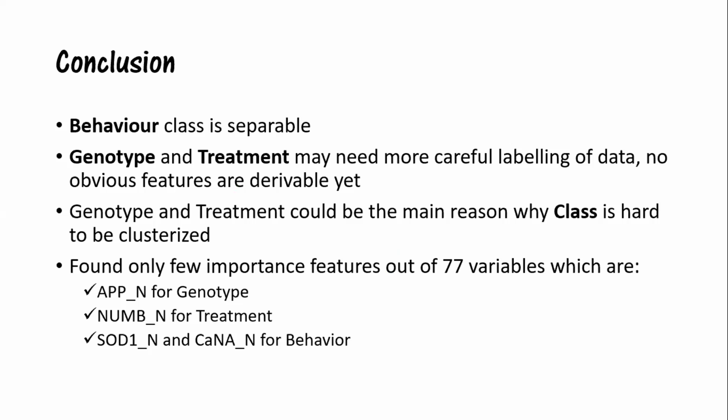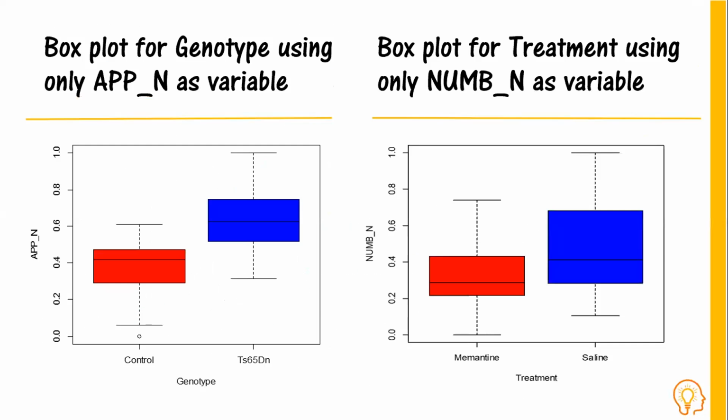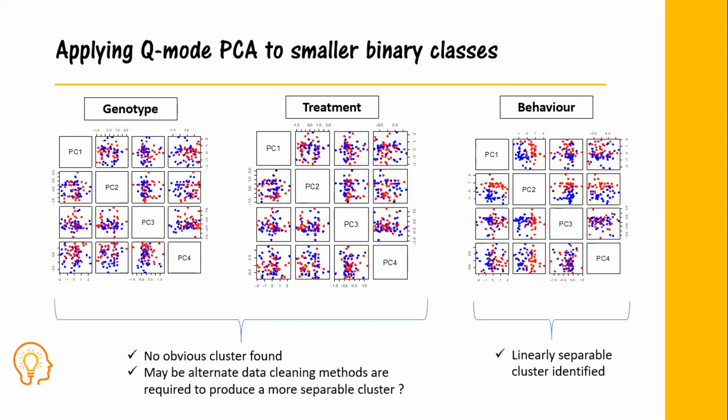But this one you did your QPCA, right? With all 77, isn't it? Yeah, in the first test we used the QMO PCA. Yeah, this will test all the variables. You can definitely do that without any feature selection. That's definitely possible, because from here it already gives you a hint that the behavior is separable, but the others are hard to separate. Yeah. Okay.